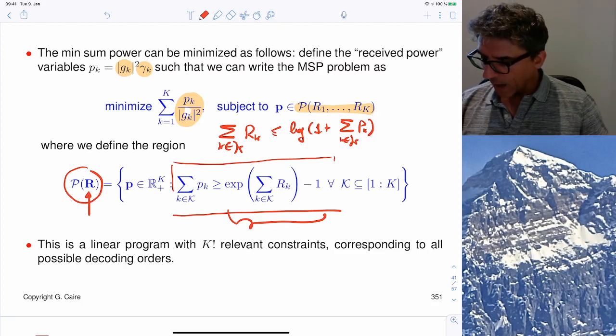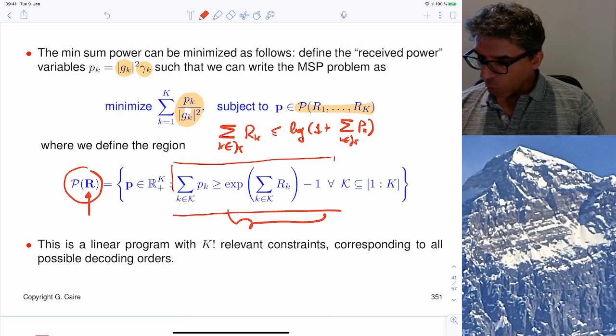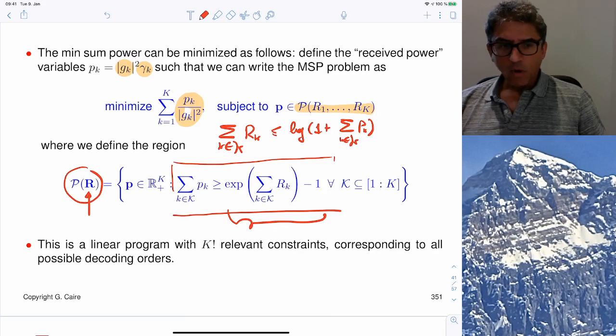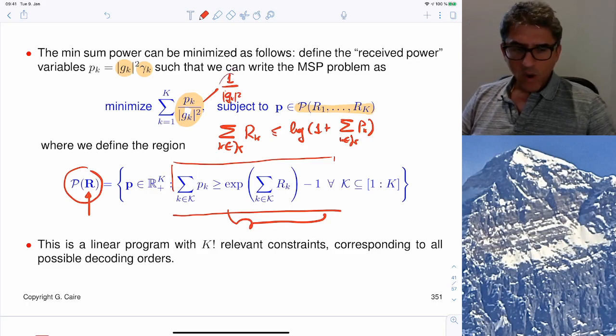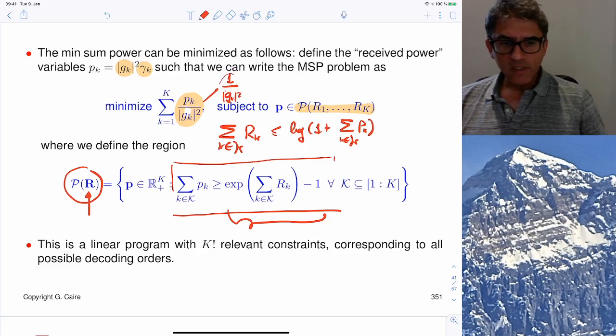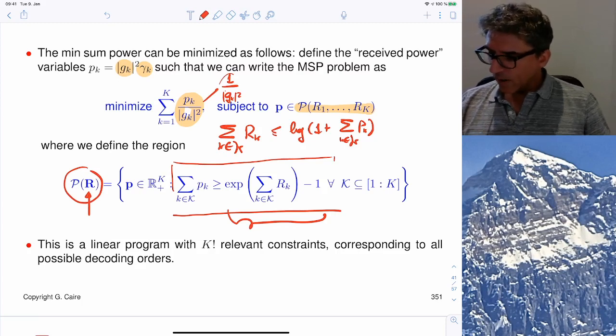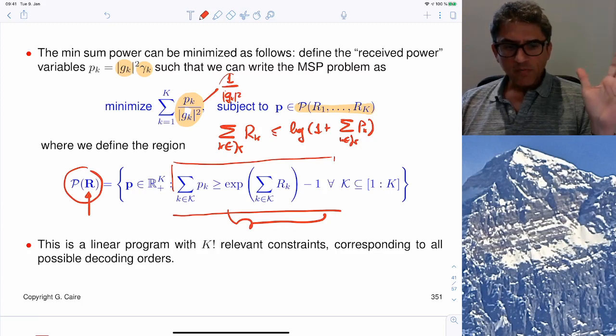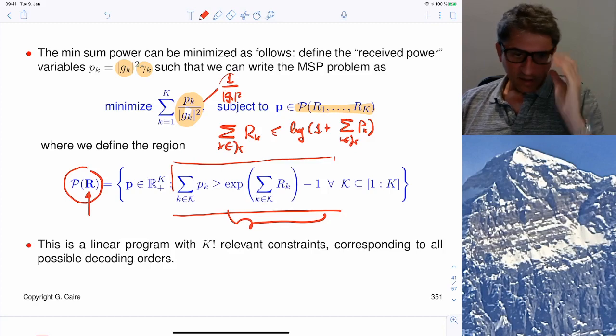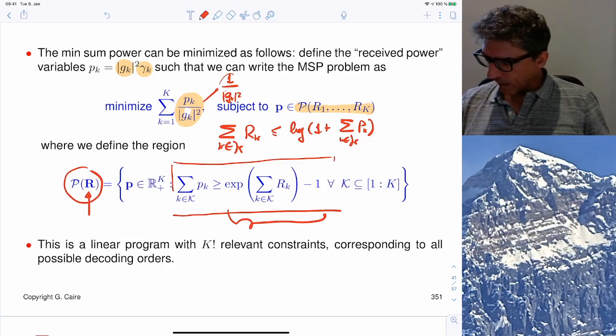So our problem now is to minimize this weighted sum of received powers, where the weights are 1 over the gains squared. So minimize a weighted sum of received powers subject to the vector of received powers being in the contrapolymatroid that describes the region of powers that supports a given fixed rate tuple.